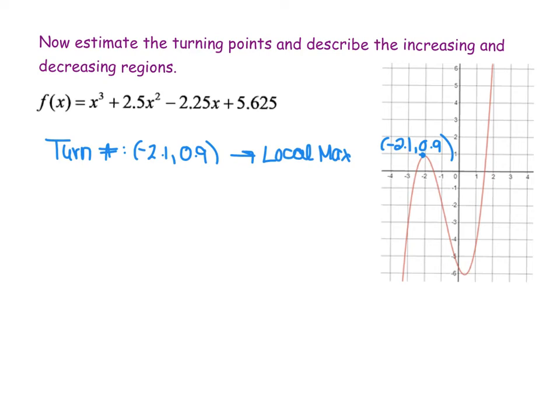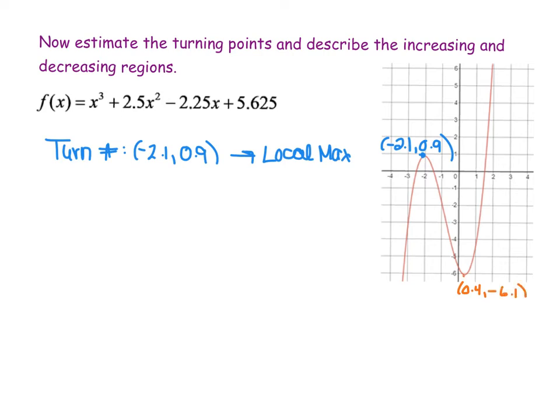Now, if I look at my second point here, I'm going to estimate what this one is as well. It looks like it is a little bit less than half. So it looks like my x value might be about 0.4. And then my y value is a little bit lower than negative 6, so maybe about negative 6.1.